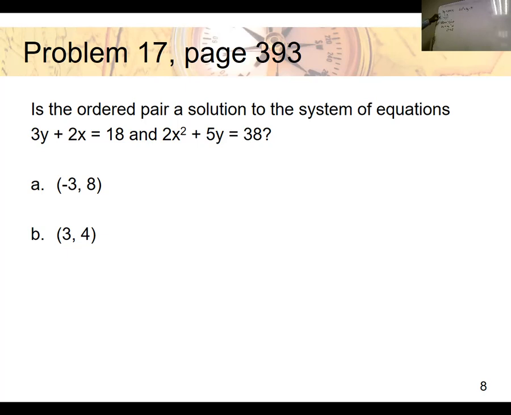So we know it's true for that first equation, but what about the second equation? That's the 2x squared plus 5y equals 38. Well, my x is -3, so I'm going to have 2 times -3, and that's squared, plus 5 times y, which is 8, and that's equal to 38.